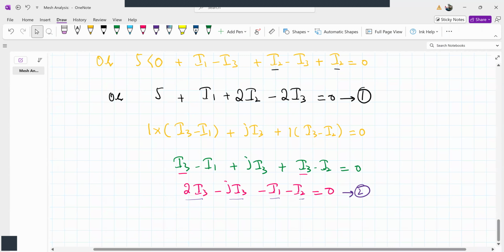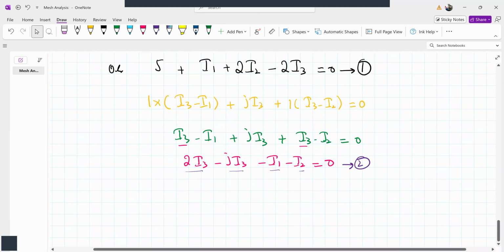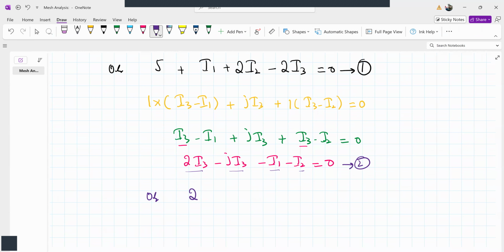Please check the calculations one more time. So we can write this as 2 minus J I3 minus I1. Let me write I2 on this side. So this will be our second equation.